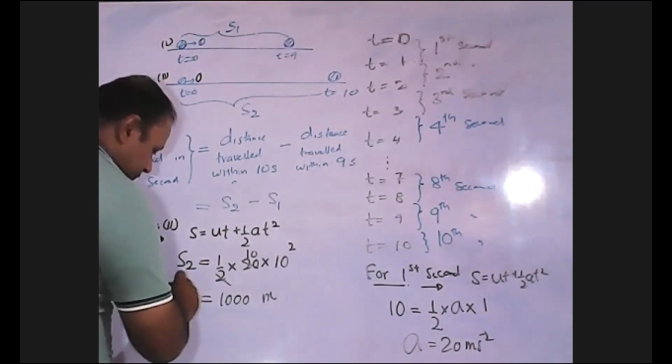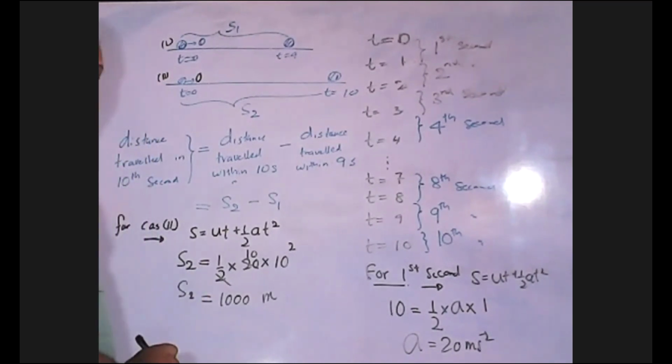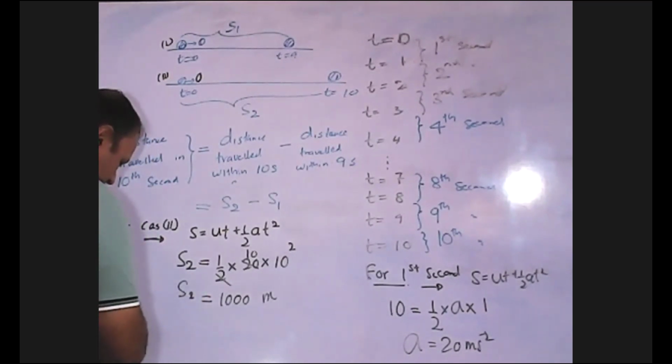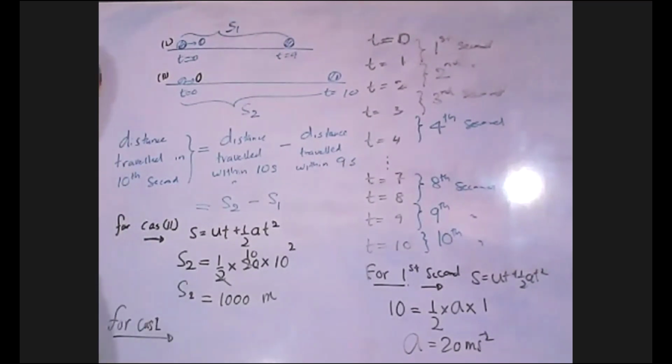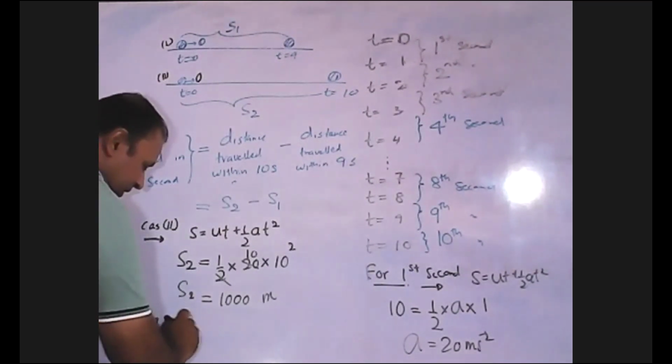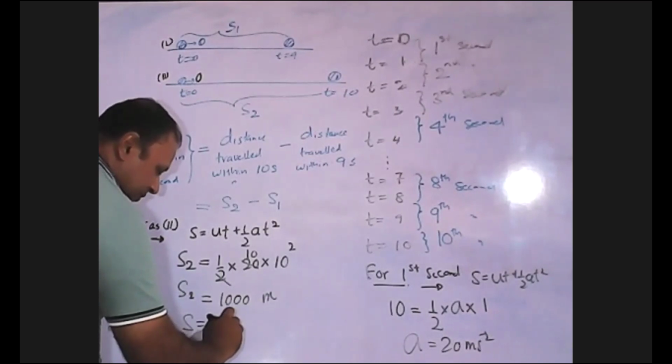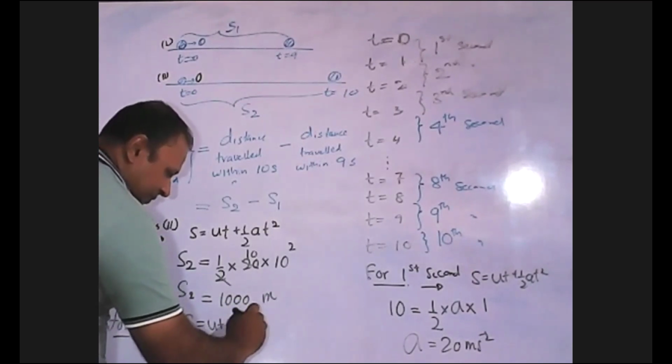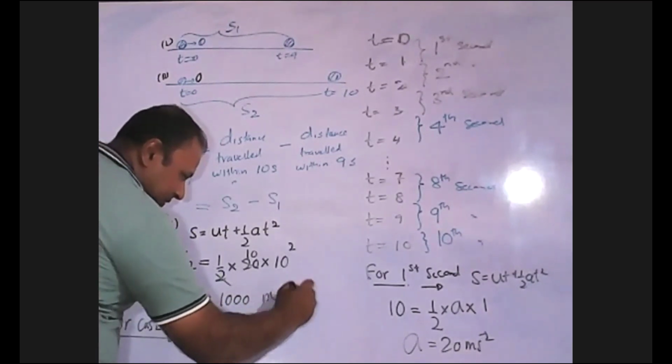This is S2. Then you have to find S1. To find S1, for case 1, you have to apply the same equation in the same direction, S equals ut plus half a t squared.